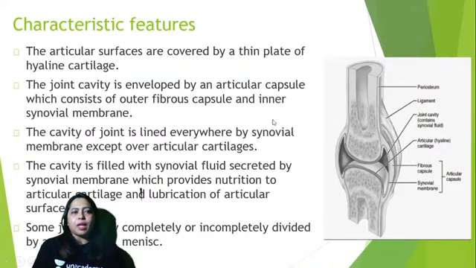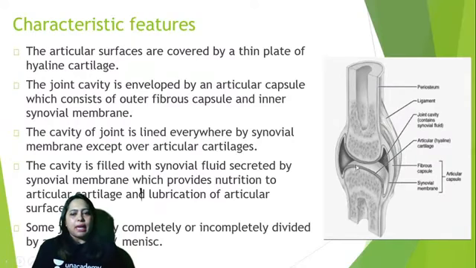Okay. So now here you can see there are characteristic features. You have the periosteum covering the bone. Next to the periosteum you have the fibrous capsule, and the fibrous capsule together with the lining membrane, that is the synovial membrane, you call the articular capsule. So please remember, the articular capsule is the fibrous capsule plus the lining membrane.